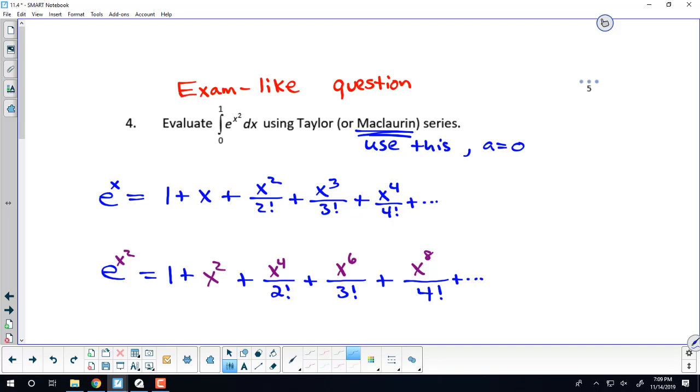So you got to remember to make that substitution. Then what do? Yeah, we're going to find the antiderivative of e to the x squared by finding the antiderivative of each term of that polynomial instead. Let's write one more of these down. One more of these terms for e to the x squared. So that next term is x to the 10th over 5 factorial.